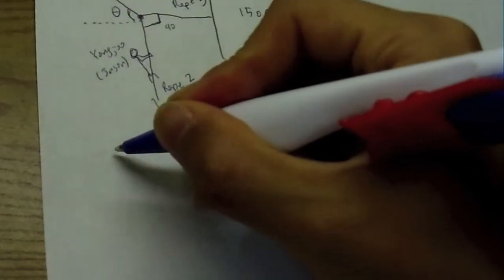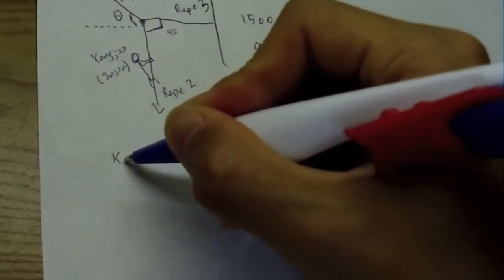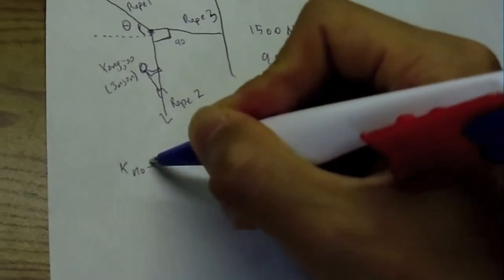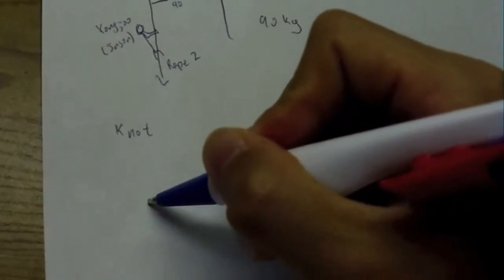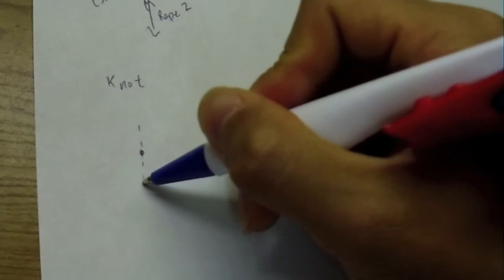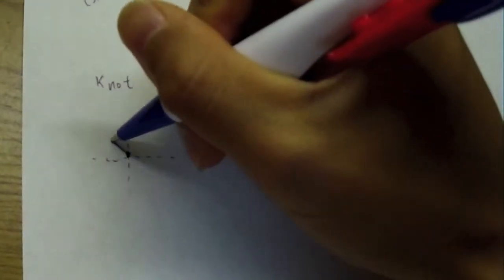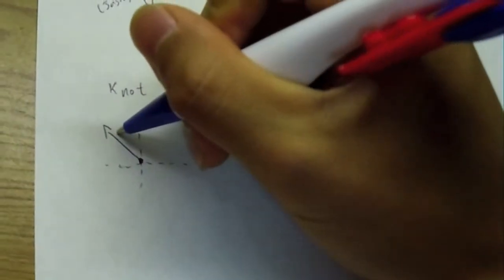So for the knot, there's y direction and x direction. There's a tension going this way, which is going to be T1.